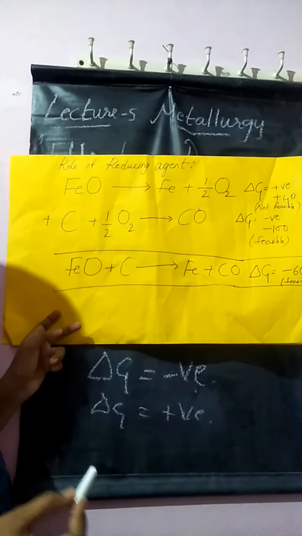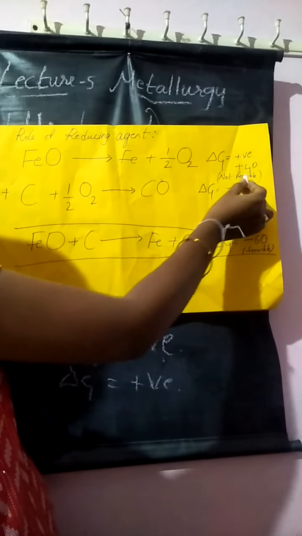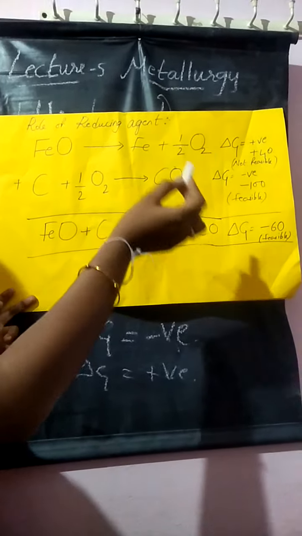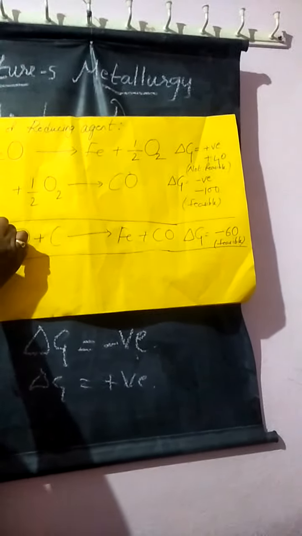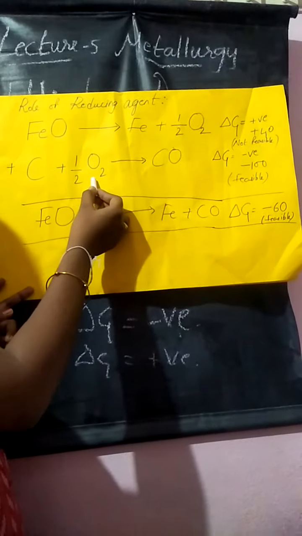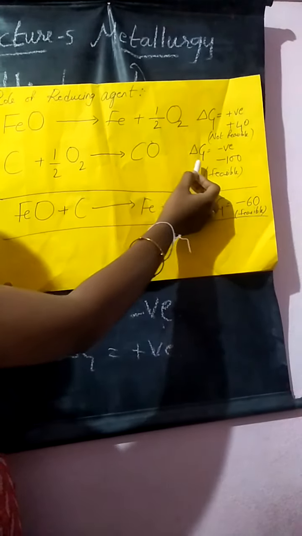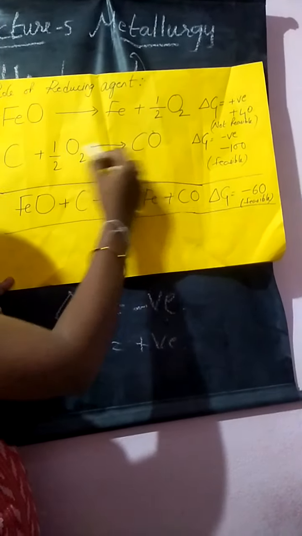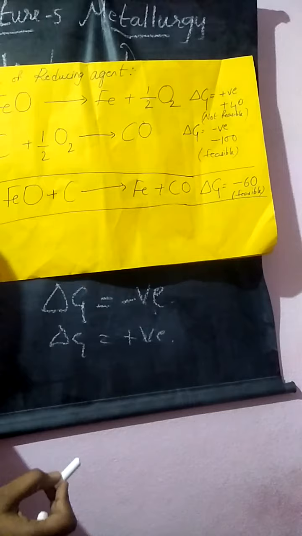As I have said earlier, if the delta G value is positive, it becomes a non-spontaneous reaction, that is, the reaction is not feasible. Then what happens if I go for another reaction where carbon combines with oxygen, forming carbon monoxide? The delta G value of this reaction is found to be negative, minus 100, and it is a feasible reaction.